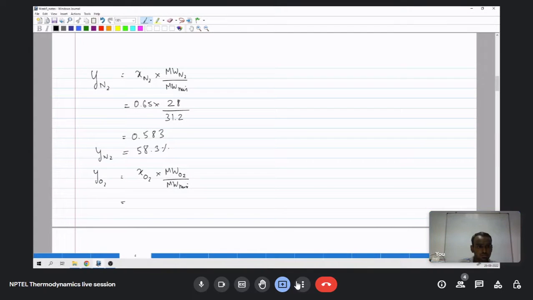Can you see my screen now? The molecular weight of mixture, I'm getting as 30.4.